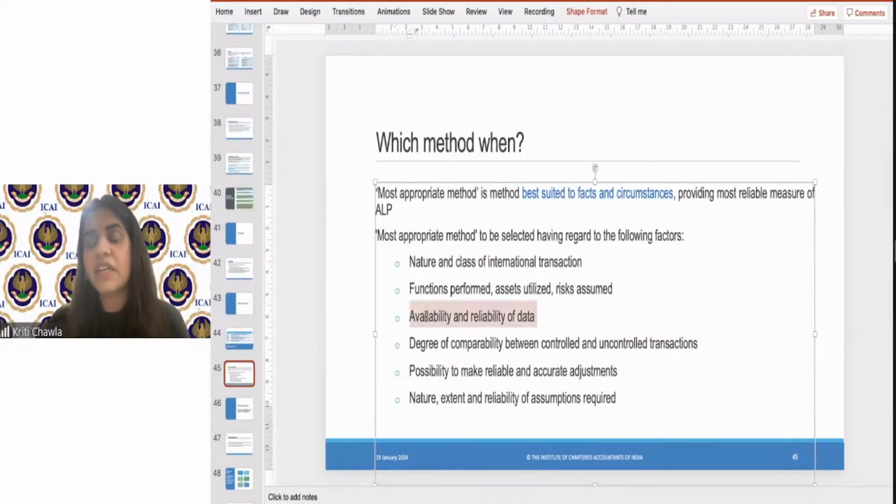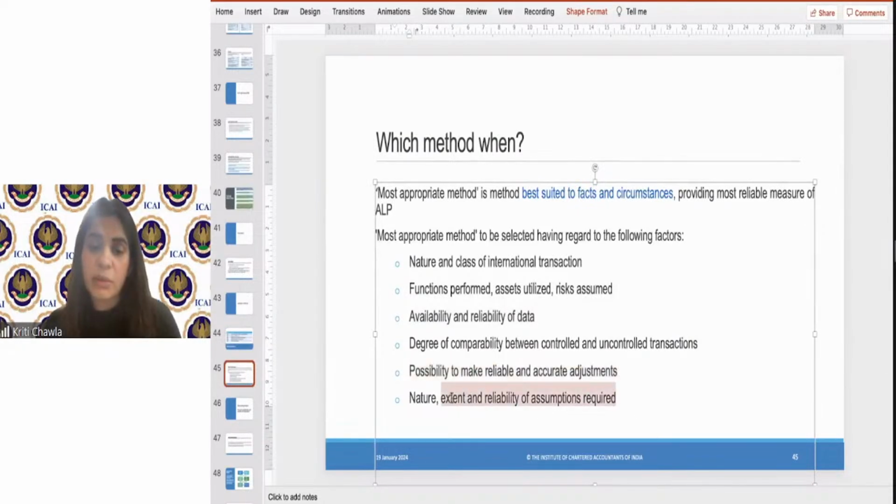If you do not have data available for CUP, you will have to use some other method. Then, is it better to make adjustments? If cost plus method requires a lot of adjustments, then you should instead use some other method, because the more adjustments, the more technical it's going to get. So might as well use a TNMM if a cost plus method requires a lot of adjustment.